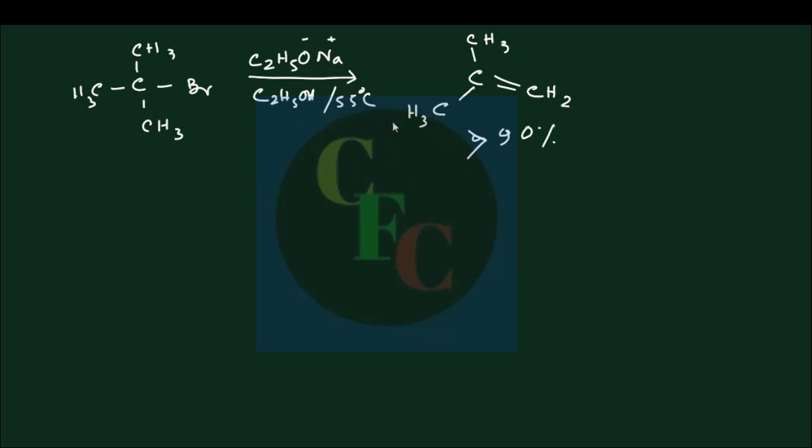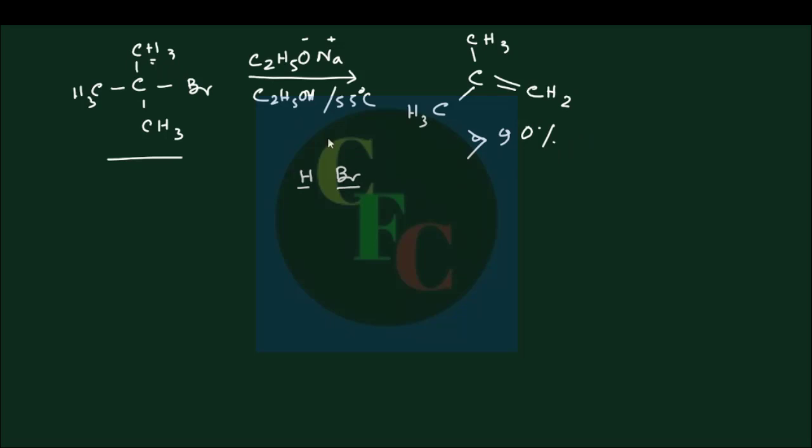Now these kind of reactions where a molecule is eliminated or removed from the substrate are called elimination reactions. Here we have removed a hydrogen from one of the methyl groups, so a proton is removed, and a bromine atom is removed. These two small atoms have been removed from this substrate to get this alkene.